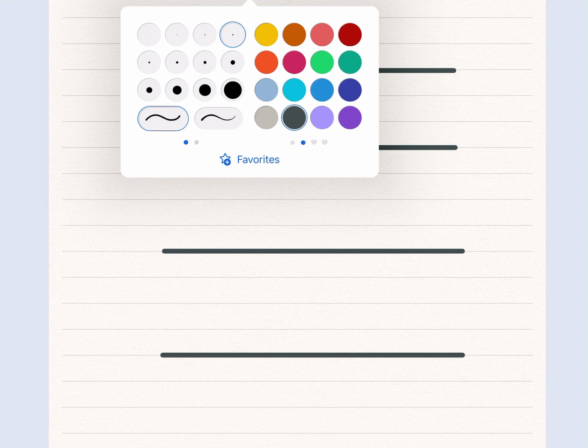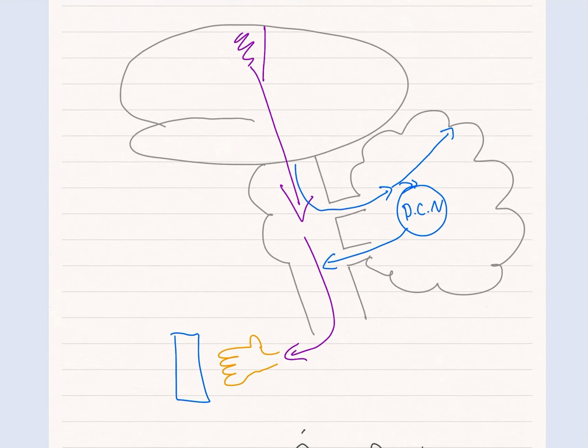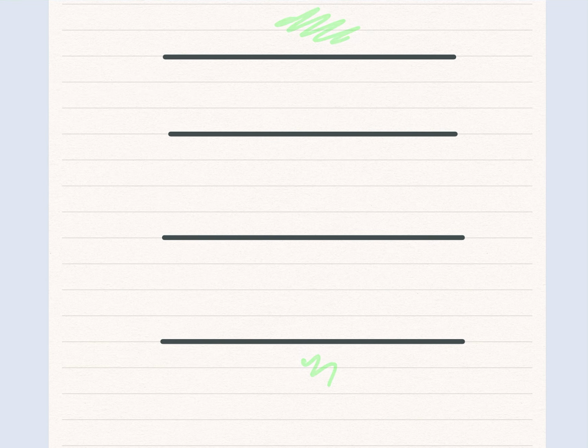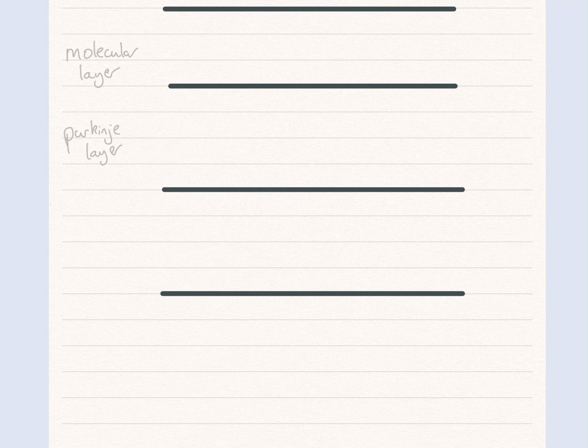Okay, so if we label them, just to coordinate you, this is the furthest out, and then this bit, which is slightly deeper, is going to be here. So the top layer is called the molecular layer. The middle layer is the Purkinje layer. And the bottom layer is the granule layer.